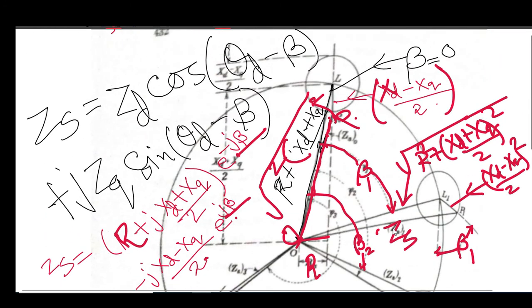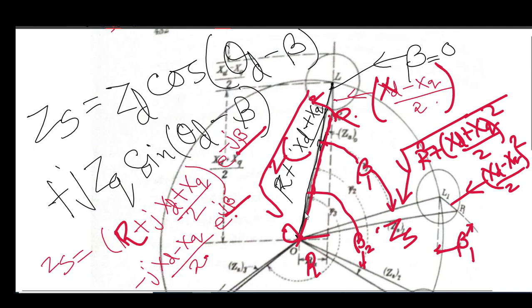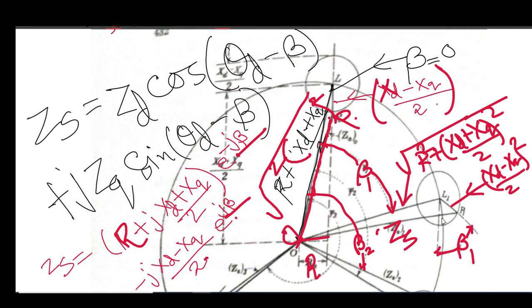Here you can see that your task is to make sure that, if this is your OL and this one is your other vector, then this will become your maximum value.